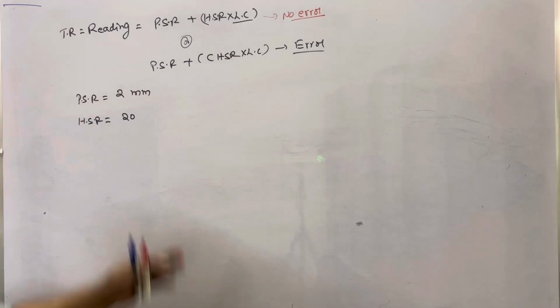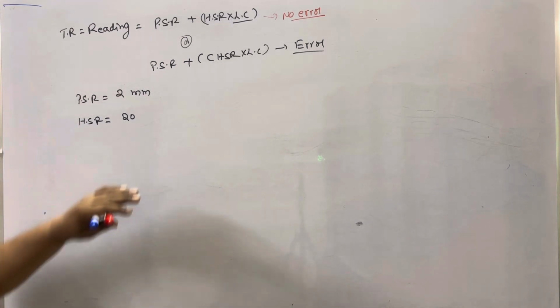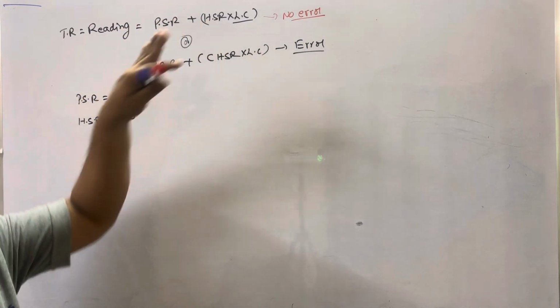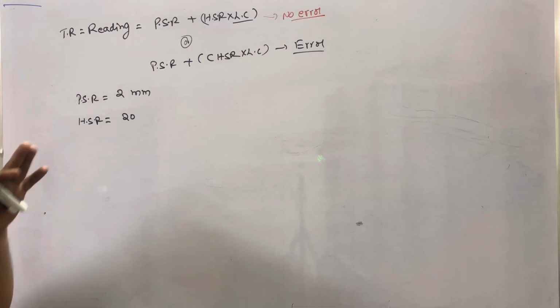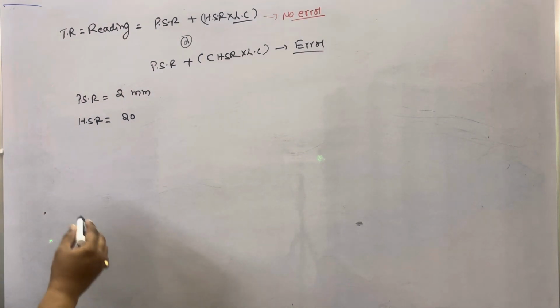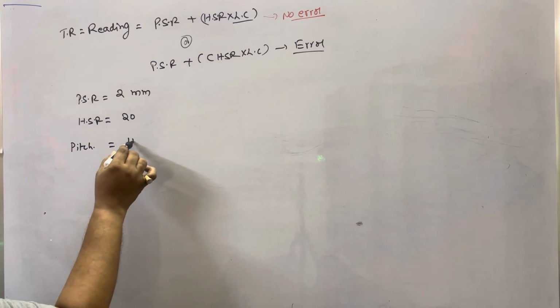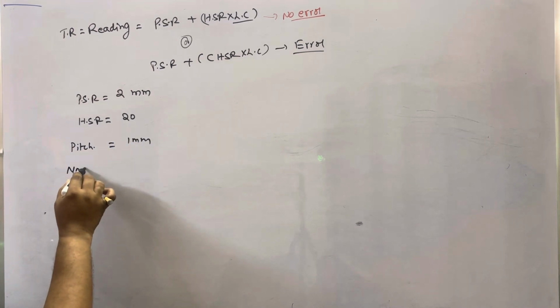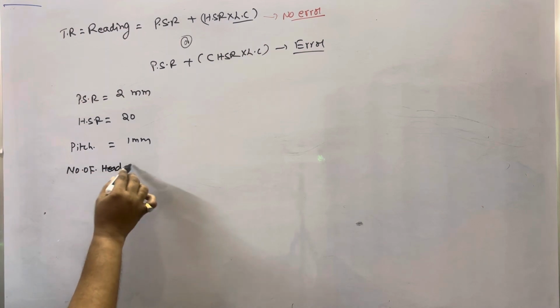Sometimes they will give the least count, otherwise they will give some data to get the least count. How they give it: the pitch of the screw is 1 mm, and the number of head scale divisions.